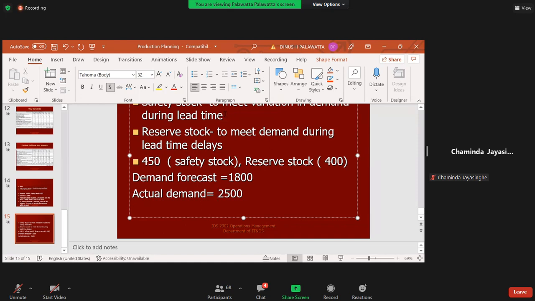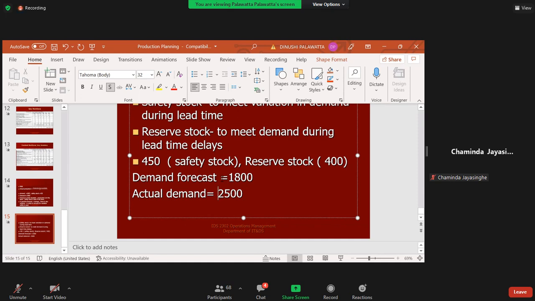Like, you place the order, and normally lead time, let's say lead time is 2 months, and during this particular 2 months, demand can vary. But then if there is a delay of another 3 weeks, in order to account for such delays, we have to keep a reserve stock.